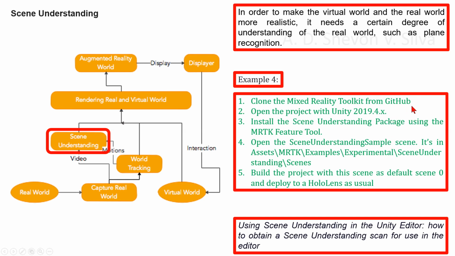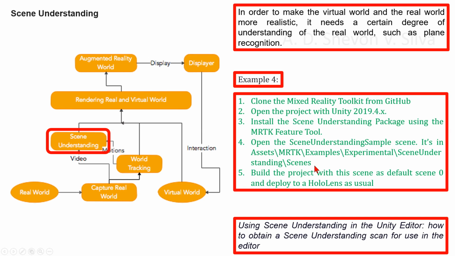Step 1, clone the Mixed Reality Toolkit from GitHub. Step 2, open the project with Unity 2019.4.x. Step 3, install the scene understanding package using the MRTK feature tool. Step 4, open the scene understanding sample scene.